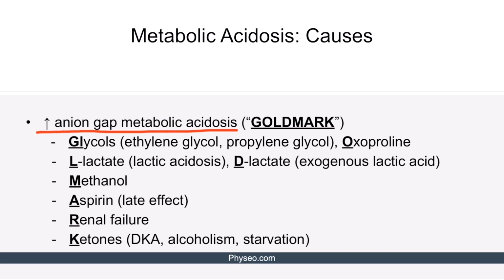We will discuss this concept again when we move on to respiratory alkalosis. Renal failure results in retention of organic acids. Finally, ketones like acetoacetate and beta-hydroxybutyrate can lower the serum pH because they are organic acids. Accumulation of ketones can occur in the setting of diabetic ketoacidosis, alcoholism, and starvation.